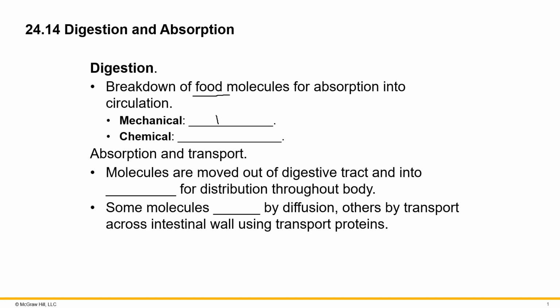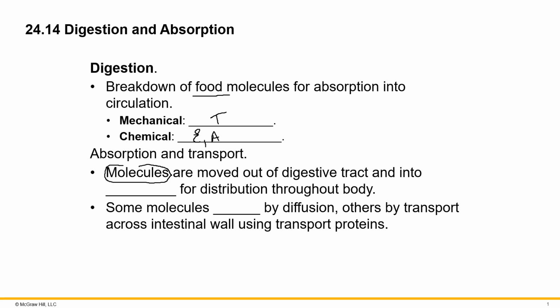Chemical digestion happens with the help of enzymes, acids, and bile salts.